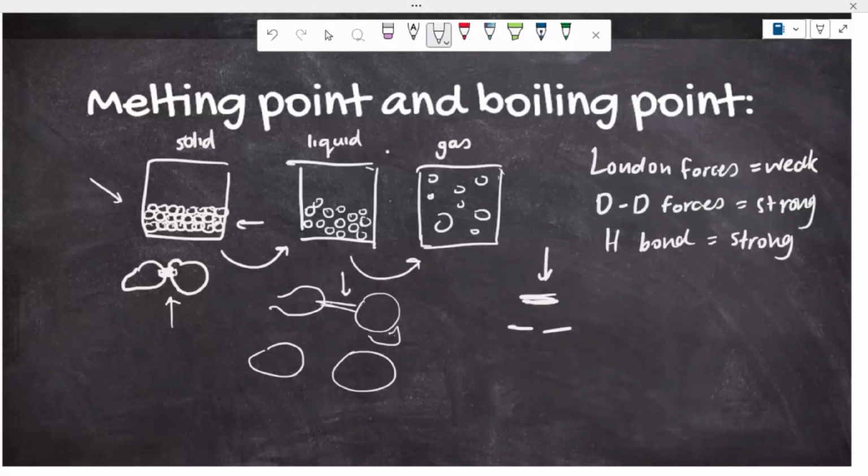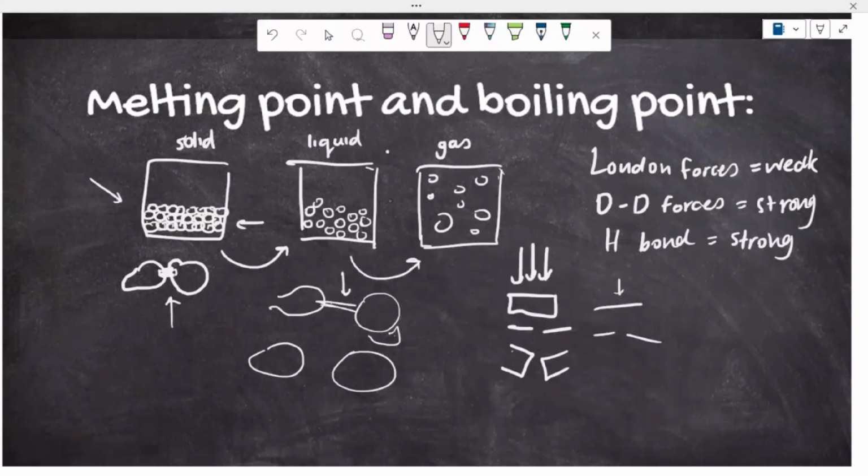So now, obviously, the stronger a bond is, the more energy we're going to have to provide to actually break that bond, right? Whereas if we have a very weak bond, we're going to have to supply it with very little energy to break that bond, right? So boiling points and melting points tell us how much energy we're actually supplying to the substance.